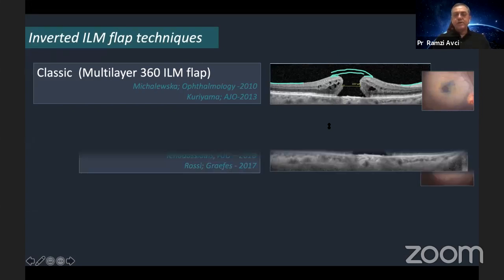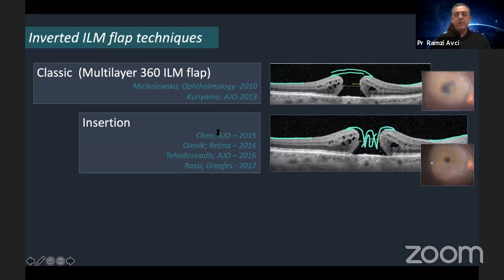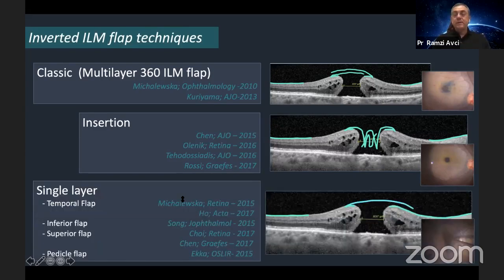Then different modifications have been published, and one group is the insertion technique, in which the ILM is peeled around the macular hole and inserted and clicked into the hole. The other is the recent single-layer inverted technique, with different quadrant inversions, but the temporal inverted flap became more popular. In this technique, the ILM is inverted over the macular hole as a single layer.